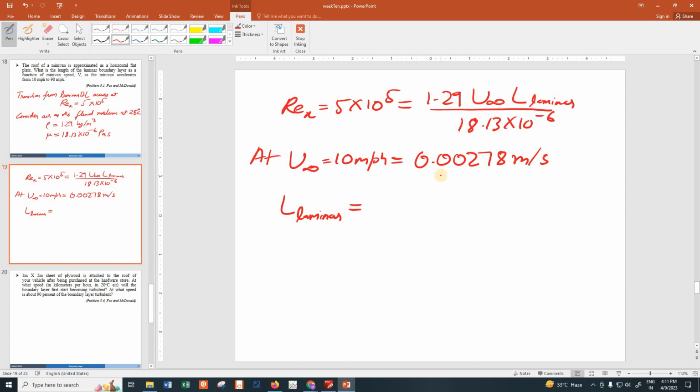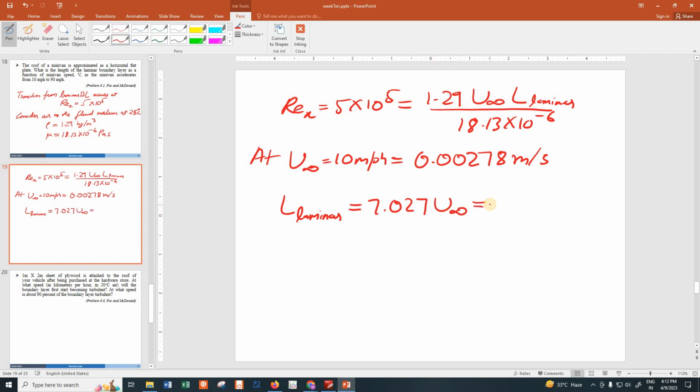Okay, so L laminar would become, sorry, let me just calculate that. 18.1316 divided by 1.29 is equal to 7.027.